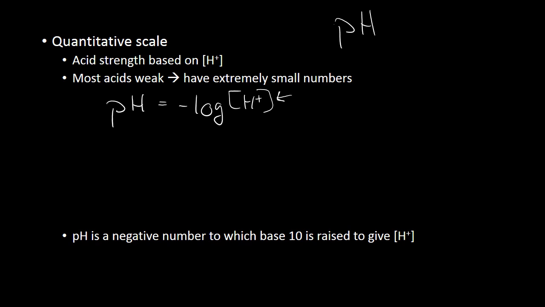You could also manipulate this equation to say that the hydrogen ion concentration is 10 to the negative pH. Depending on what you're looking for and what you're given, you could use these two equations. So pH is the negative number to which the base 10 is raised to give the hydrogen ion concentration, or pH equals the negative log base 10 of your hydrogen ion concentration.